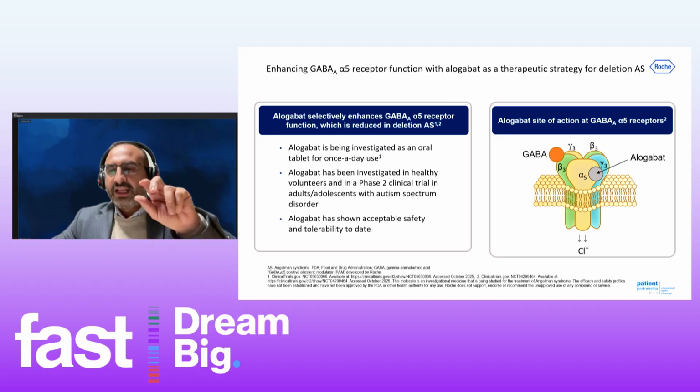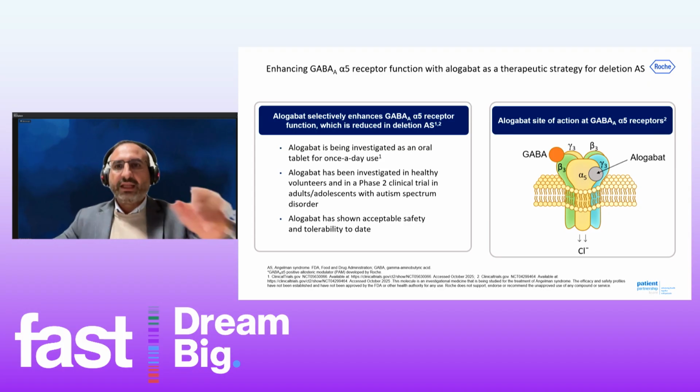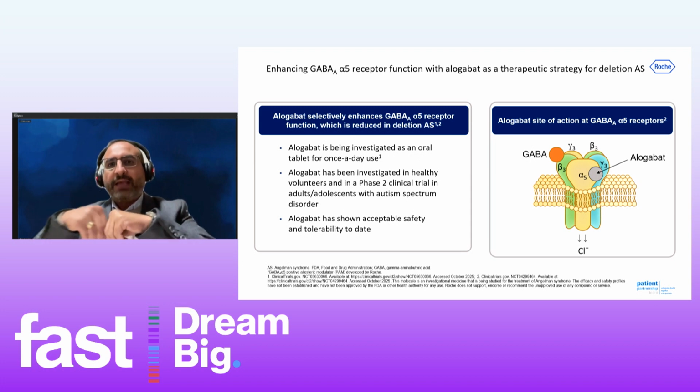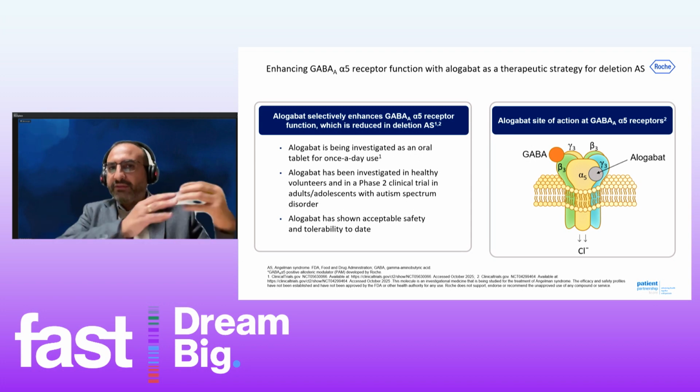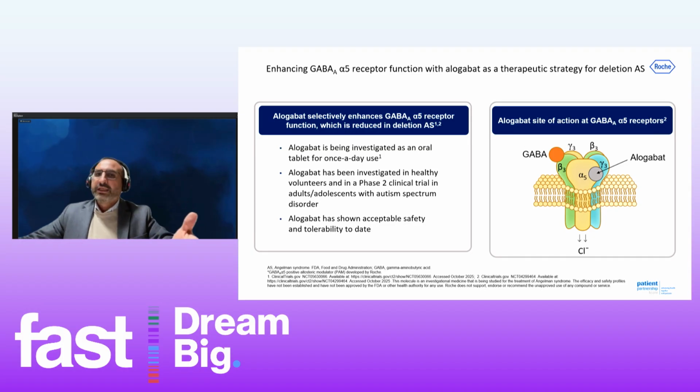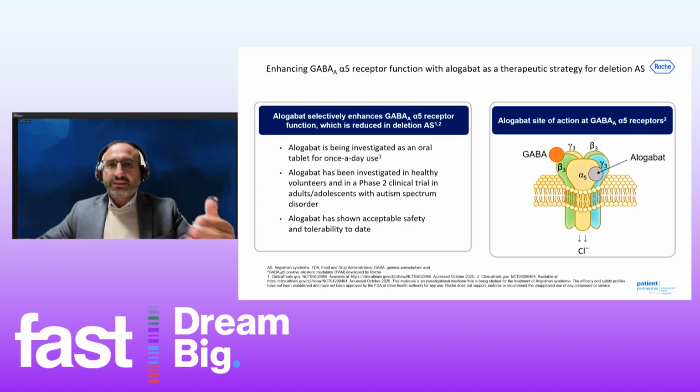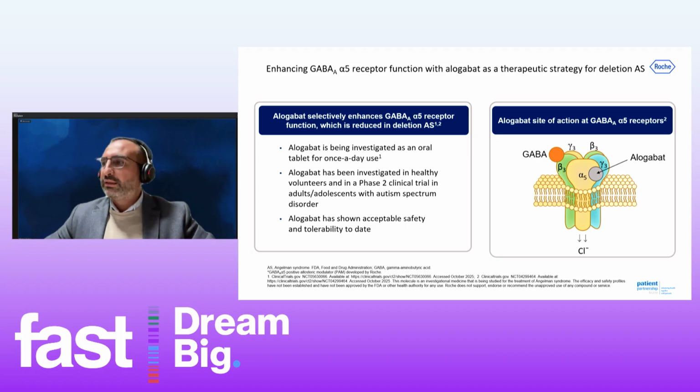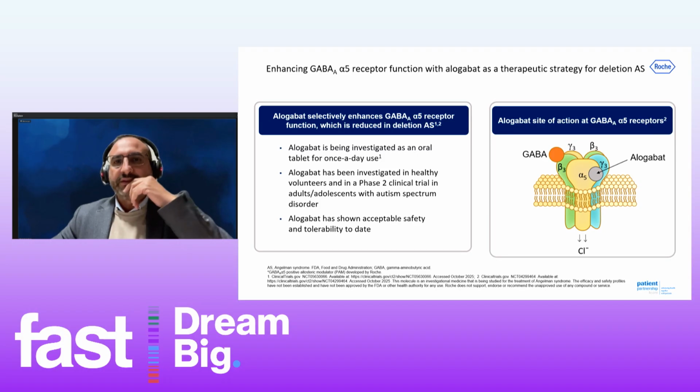So if there is any dysfunction around the neurotransmitter or its receptor, that can cause imbalance in the brain. With the deleted GABA genes, we have less GABA alpha 5 receptor. And this could, of course, be represented in the data and differentiate between deletion Angelman patients and mutation.